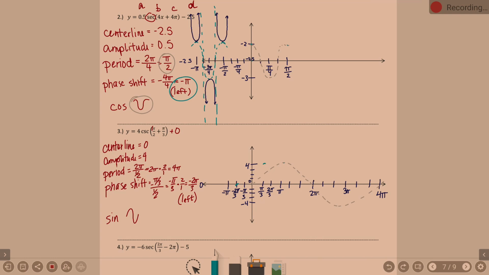If I move back 2 tick marks, now I'm crossing through at the mark after pi. So I guess it'd be 4 pi over 3 if you want it. I did have a minimum below 3 pi. Now I'm going to have a minimum below the mark after 2 pi. So 7 pi over 3. I was ending at 4 pi, move it back, and I'm ending at the mark after 3 pi, which would be 10 thirds pi. Okay. Did you follow all that?